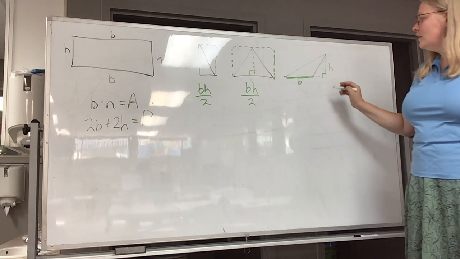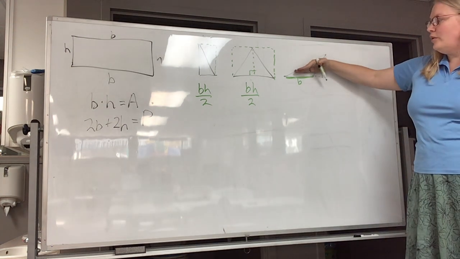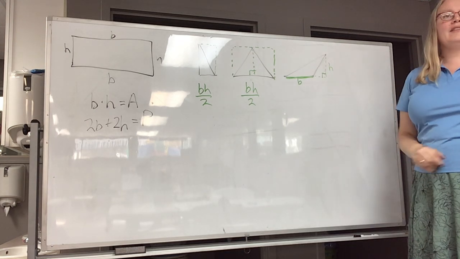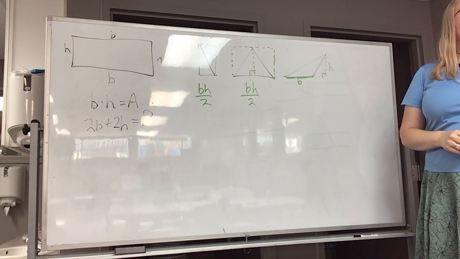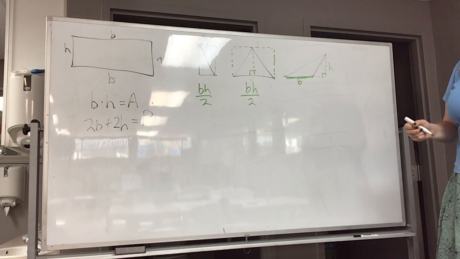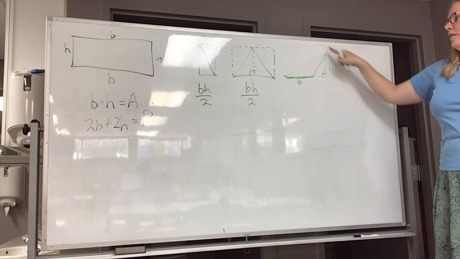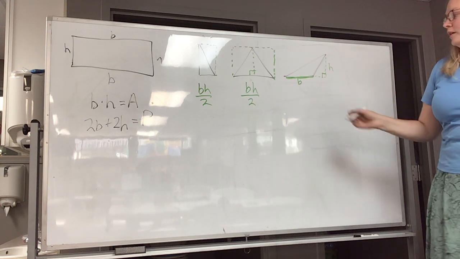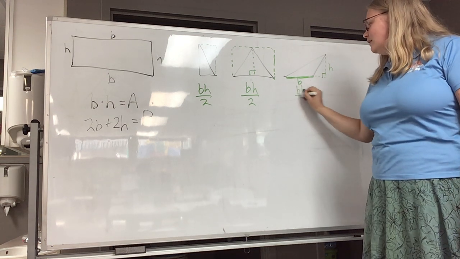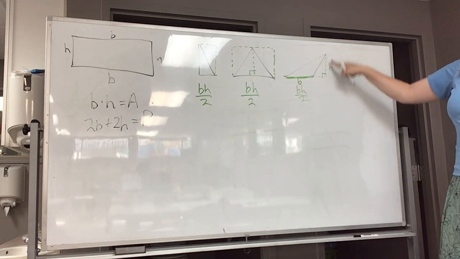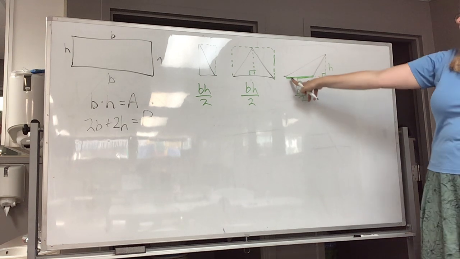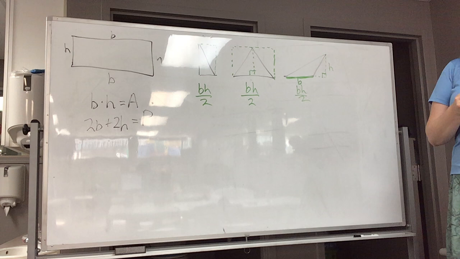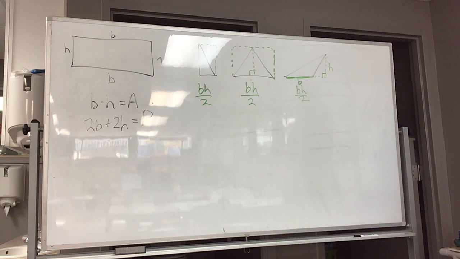One of the easiest ways to think about it is to think about cutting this into teeny tiny slices and then just shoving the stack straight. It still works. Mathematically, you can prove it by finding the area of this big triangle and subtracting out the littler triangle if you want to, but just know that the base times height still works. The height is the vertical distance. The base is only the length of the side. So those are the 3 situations you'll see with a triangle.